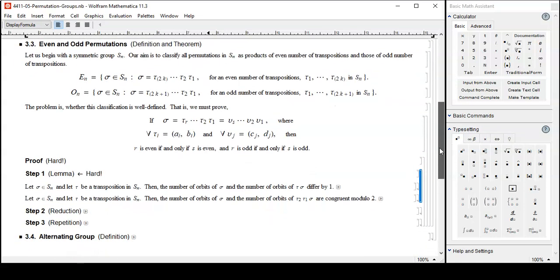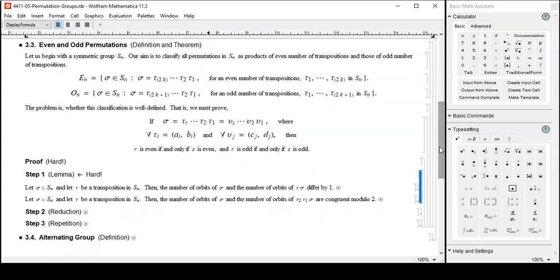Okay, here we go. Let sigma be a permutation and let tau be a transposition coming from the same symmetric group so that their composition tau sigma is well defined. And then the number of orbits of sigma and the number of orbits of tau sigma differ by 1. That's the hardest part. Remember, the orbits come from equivalence classes, you see.